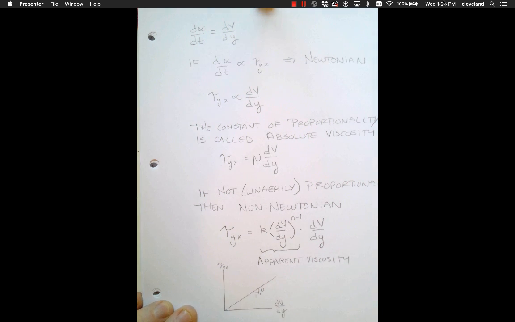If they're non-Newtonian, and suppose n is like 3, we have stuff going like that. That would be a shear thickening, and if you have n less than 1, you also have non-Newtonian. These are both non-Newtonian.